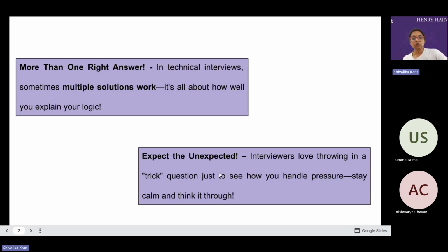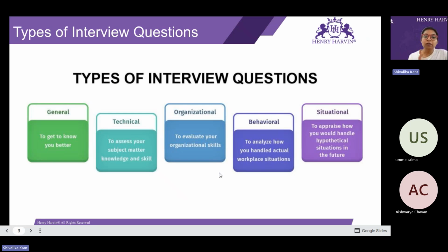Now when we talk about why companies go for technical interviews: first, to test your understanding of domain-specific concepts like coding, mechanical design, financial modeling. Then, to see how you approach real-world challenges logically and methodically.